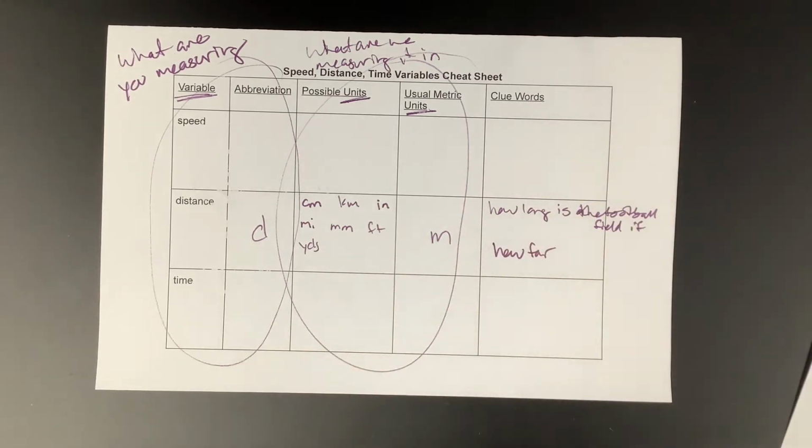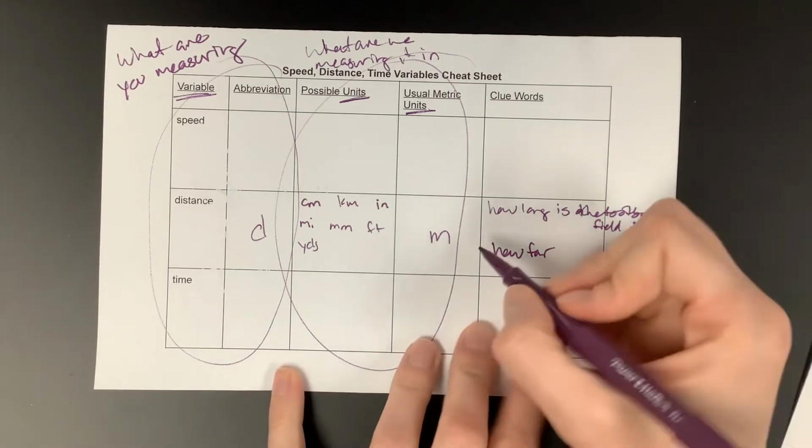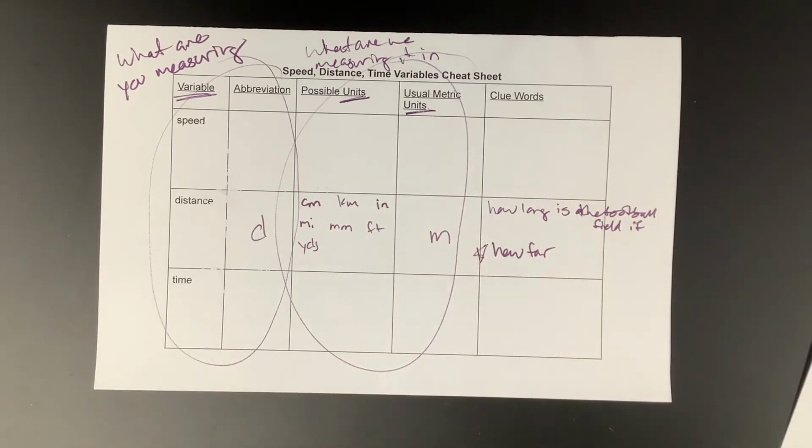What about how far? That's going to be a really common clue word here, that if they say how far, they're asking for distance. It could also say something about length. What's the length of Brogan's morning run if he runs at this speed for this amount of time?